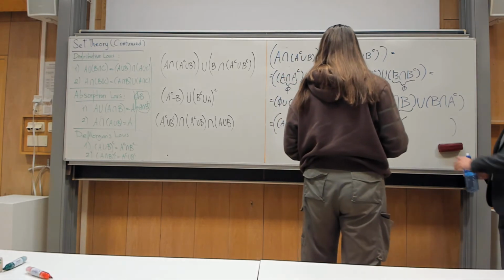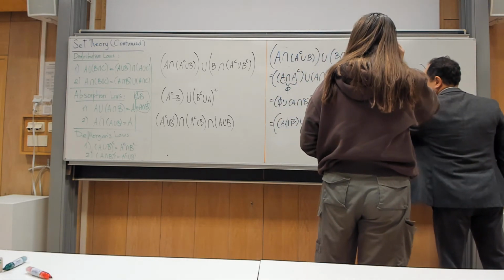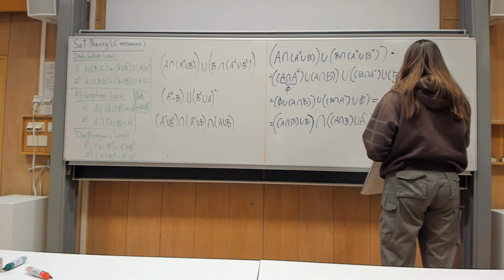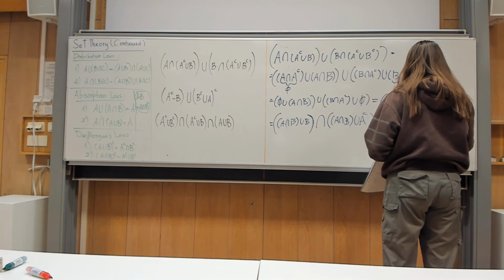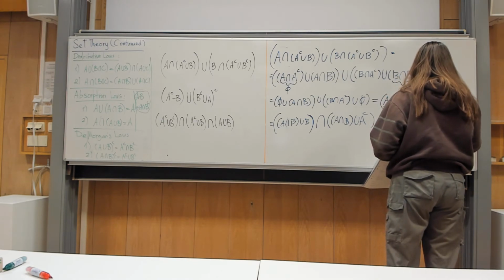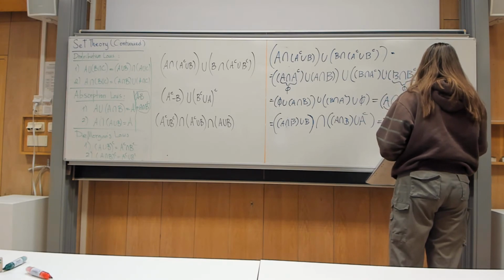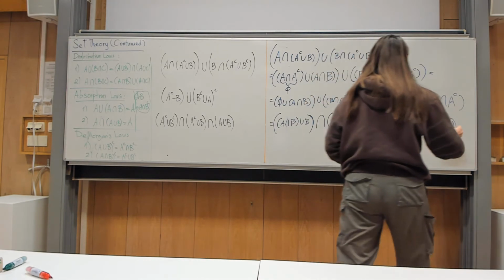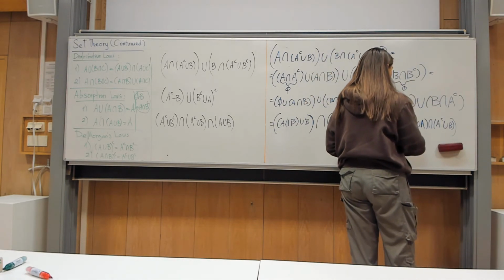You can imagine in your head this is on the left-hand side. Yes, and then intersection? Exactly. Okay, then what happens? Then this is the universal set.